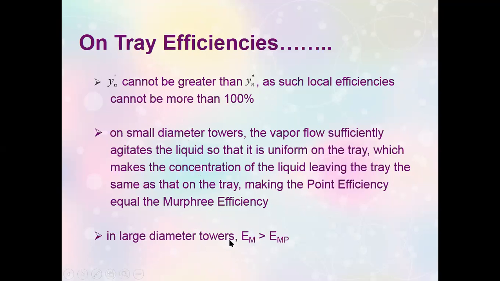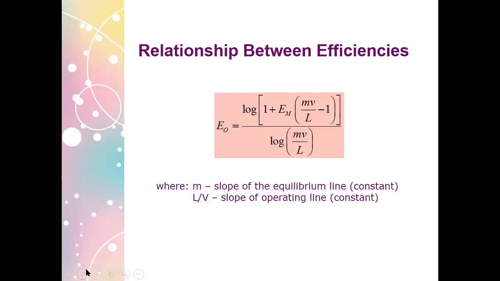In large towers, of course, we expect that our Murphree efficiency will be greater than your Murphree point efficiency, because your Murphree point efficiency is more accurate than the Murphree efficiency. So we expect that the value we're getting for Murphree efficiency will be bigger because it's not as accurate as the Murphree point efficiency.